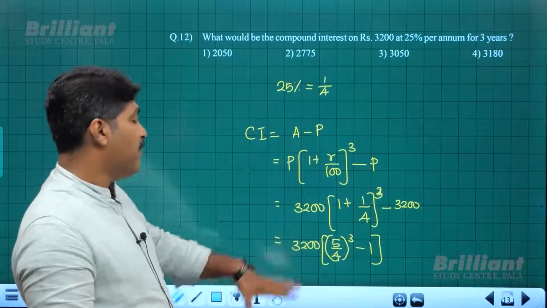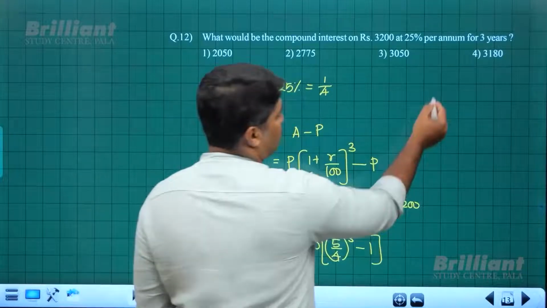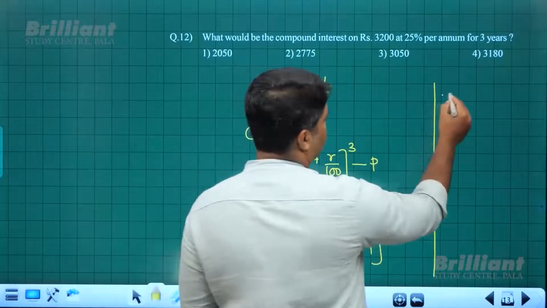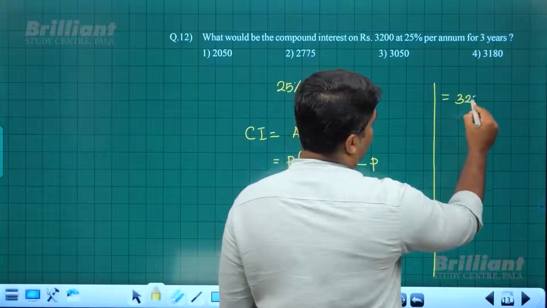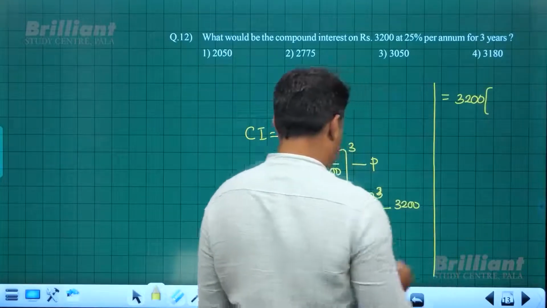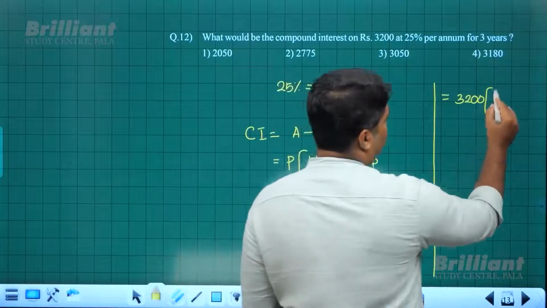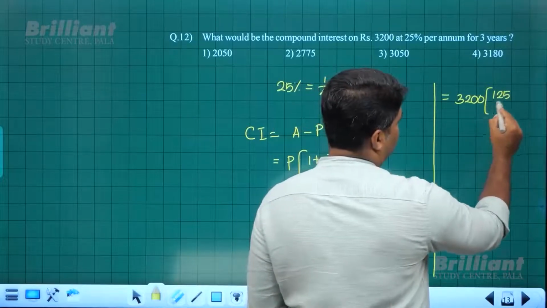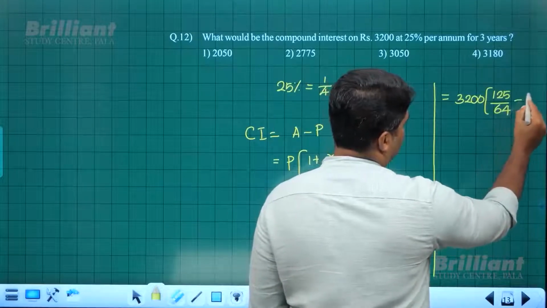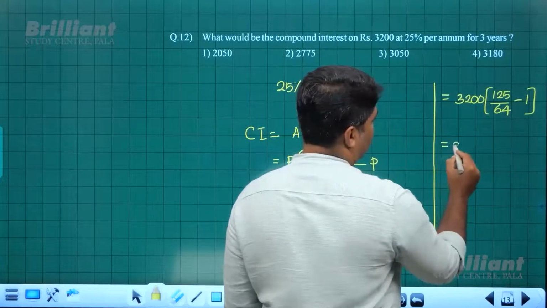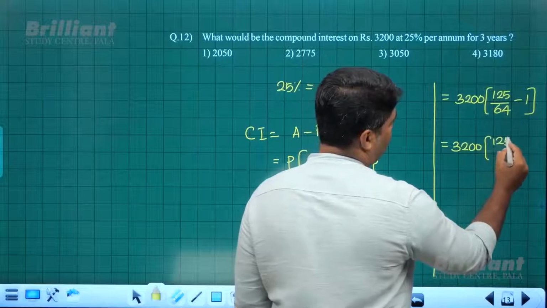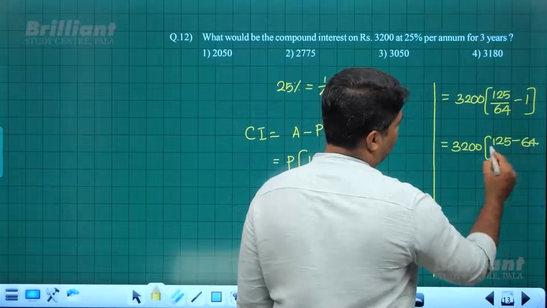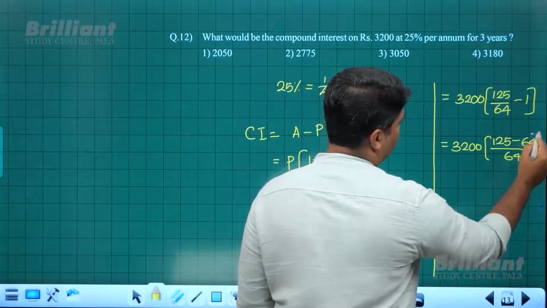After simplifying this one, for the step of operations we can write here, this is 3200 into, this value is 125 by 64 minus 1. So this is 3200 into 125 minus 64 by 64.